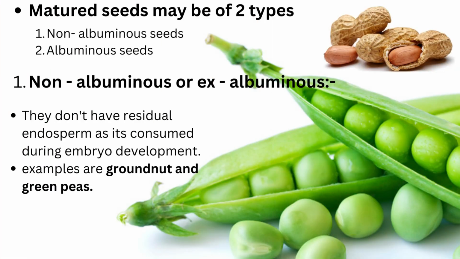Seeds may be of two types: non-albuminous seeds and albuminous seeds. Non-albuminous or ex-albuminous seeds don't have residual endosperm as it is consumed during embryo development. Examples are groundnut and green peas.